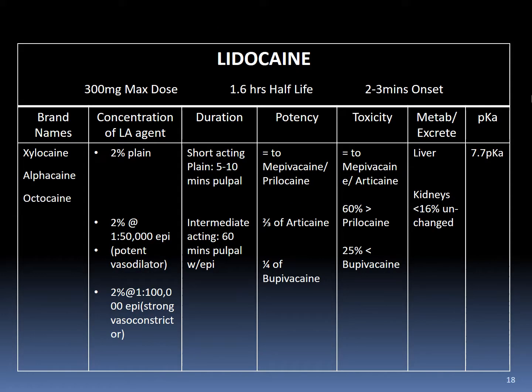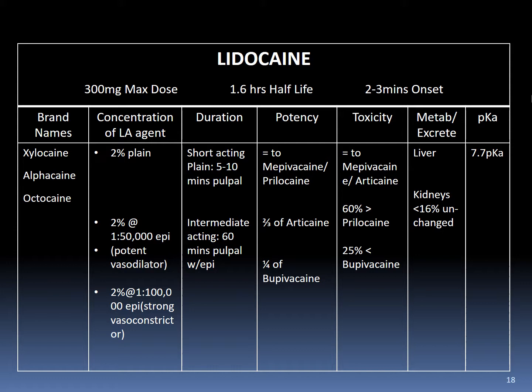I'd like to go over this chart on lidocaine and discuss a few things that we will go into more detail and application with this drug later. Xylocaine has a maximum dose of 300 milligrams. We also know that within an hour and a half or a little over, half the drug has already left the body. The onset time from the time of deposition is about 2 to 3 minutes.